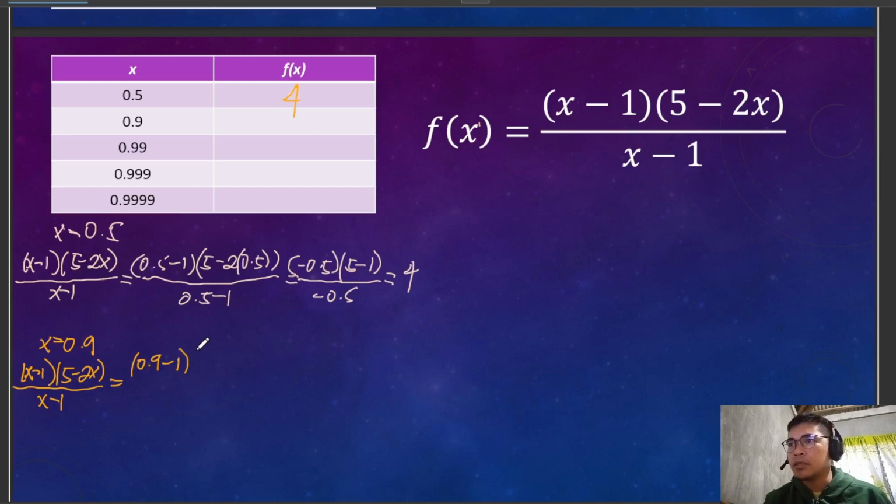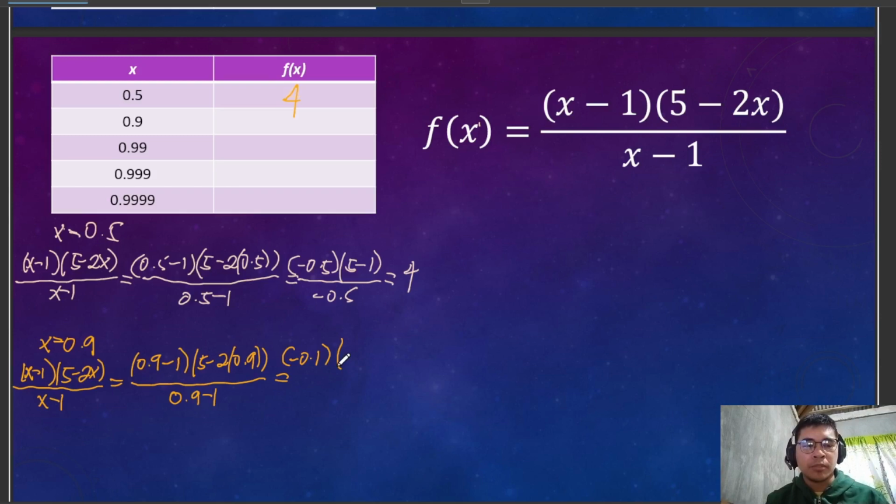Minus 1 times 5 minus 2 times 0.9, over 0.9 minus 1. Now, what is 0.9 minus 1? That is equivalent to negative 0.1. And then what is 5 minus 2 times 0.9?